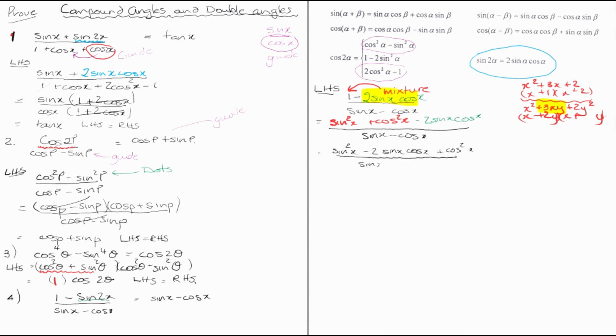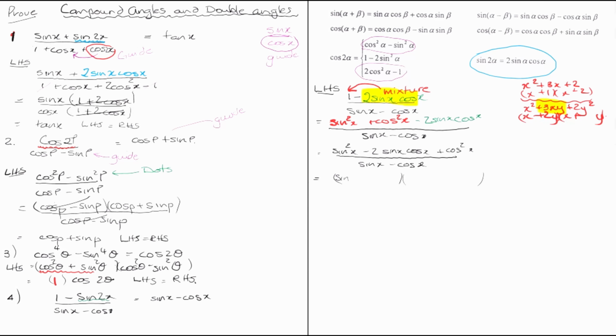Now, just to deviate a bit, if this one had been a 7, you would write 7 sine squared plus 7 cos squared. If it was a 10, you would do 10 sine squared plus 10 cos squared, and then carry on. They would have given you other numbers which will work out into a beautiful trinomial. So let's go.